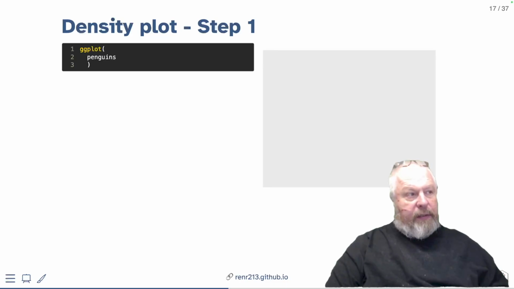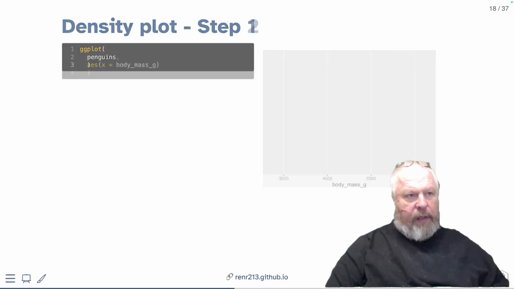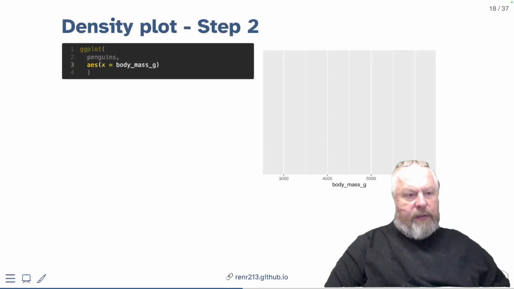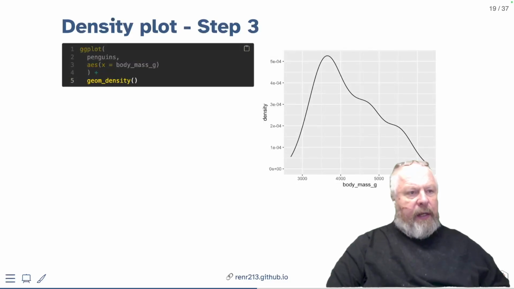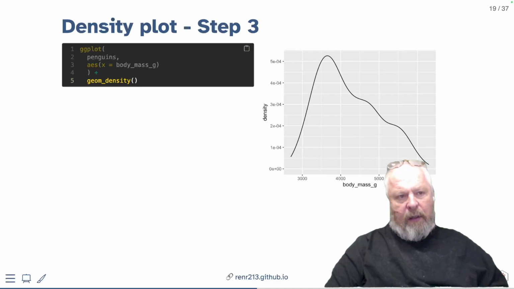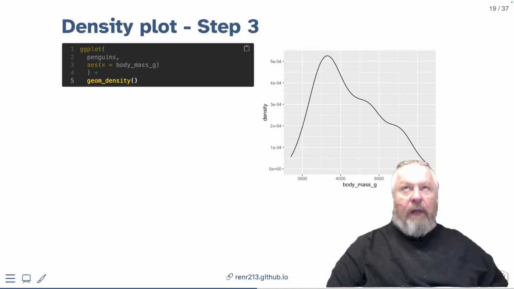We can start looking at density plots. We start off the same way. We can say that the body mass is on our x-axis, and we can put an approximation of the distribution using a smoothed line on that. Sometimes this is a better way of getting a general feeling for how a variable is distributed.